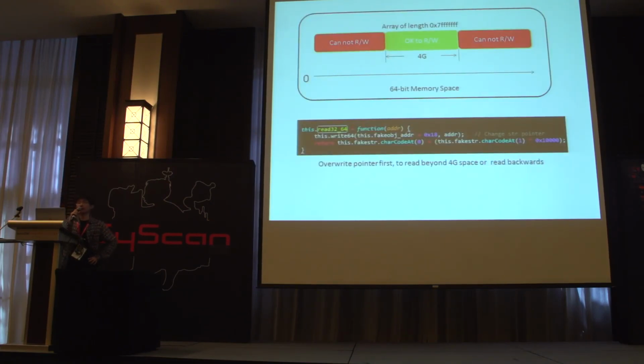Because a JavaScript array's length field has only 4 bytes, you cannot use it to read backward or forward beyond the 4 gigabytes. So to read the full memory space, you may need to overwrite the pointers in the string object or the array object to do this.